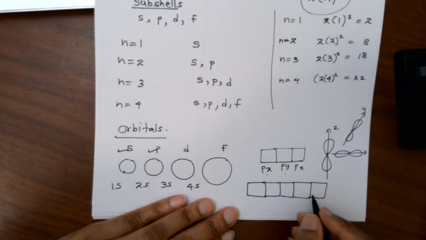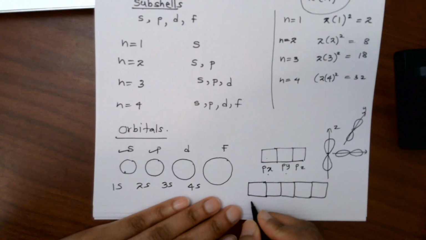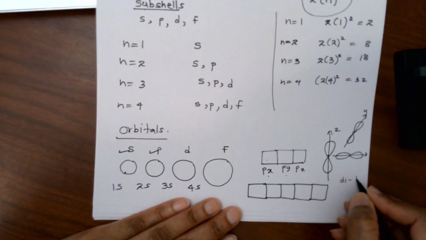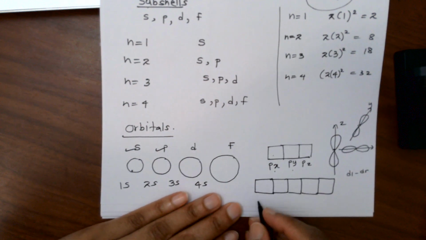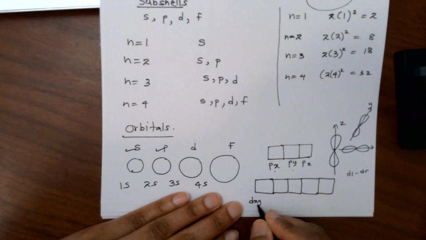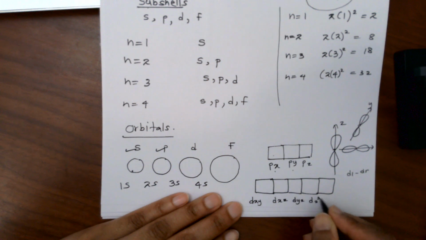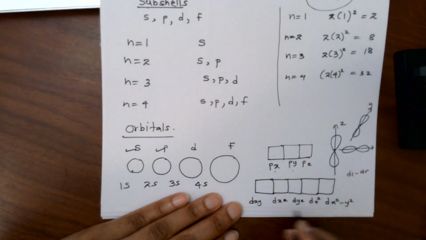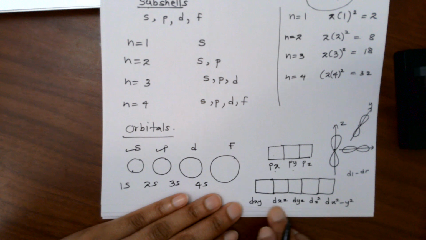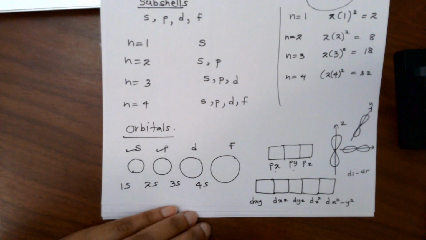We can name these d orbitals simply d1 to d5, or by other names: dxy, dxz, dyz, dz squared, and dx squared minus y squared. Those are the names for these orbitals. Don't worry about these names, just remember d1 to d5, there are 5 d orbitals.